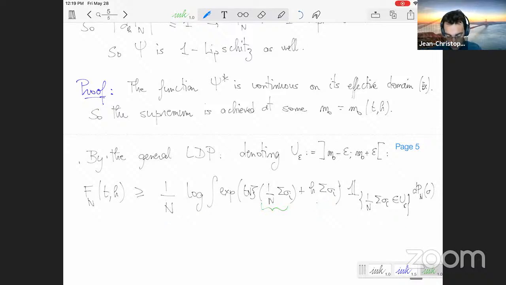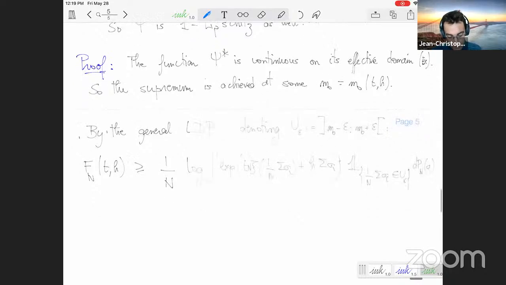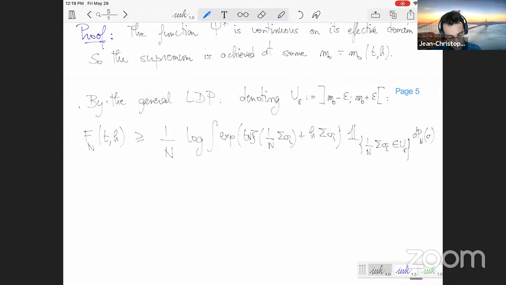Okay, so in order to avoid writing too many lines, let me just say the limit. Let me try to do these two steps at once. This would be greater than, so I will have these guys.